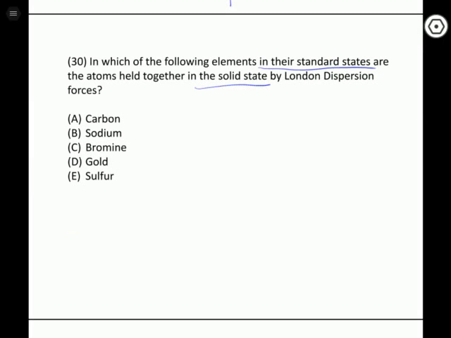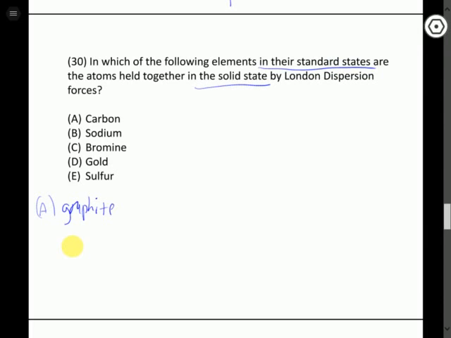So if we go through all of these, choice A, carbon, the standard state for carbon we talked about is graphite. And this is one of our examples of a network covalent solid. So in network covalent solids, the individual atoms are held together by covalent bonds.